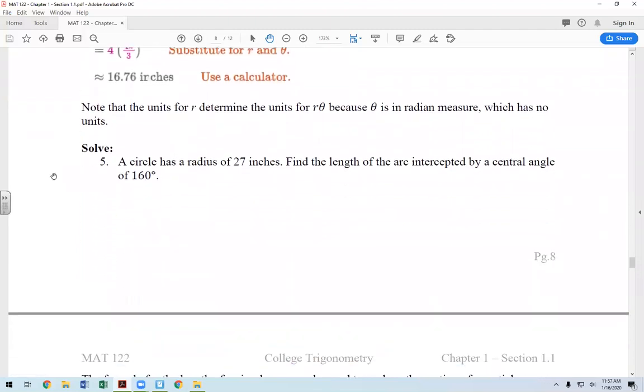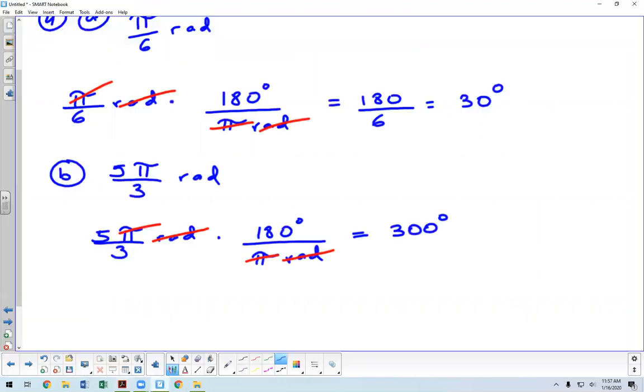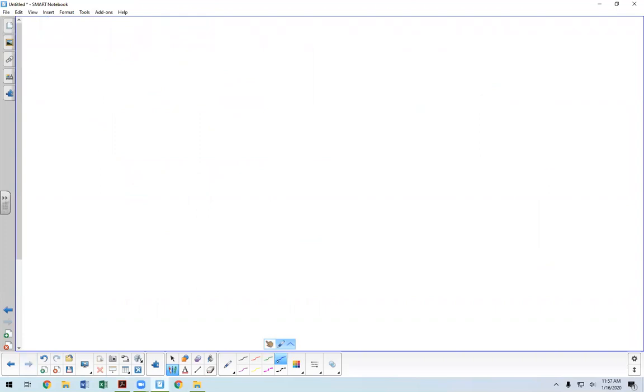So let me see what we can do here for number 5. Again, you should notice that the angle measurement is given to us in degrees. They're telling us a circle has a radius of 27 inches. We're finding the arc length for an angle of 160 degrees.